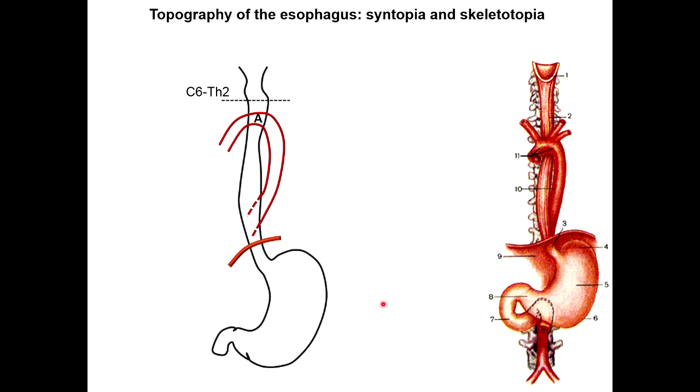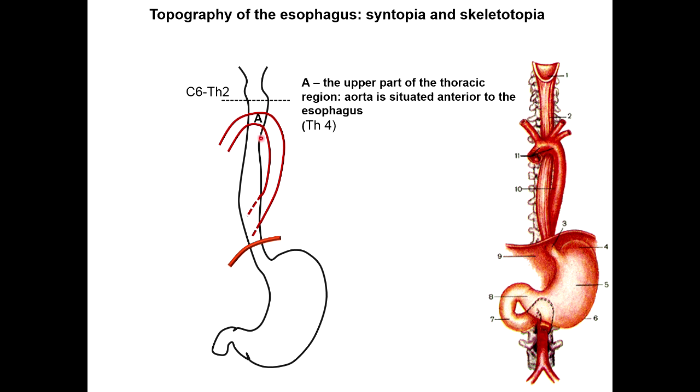Then let's designate them. So letter A means the upper part of the thoracic region. In the upper part of the thoracic region, arcus aorta is situated anteriorly to the esophagus.